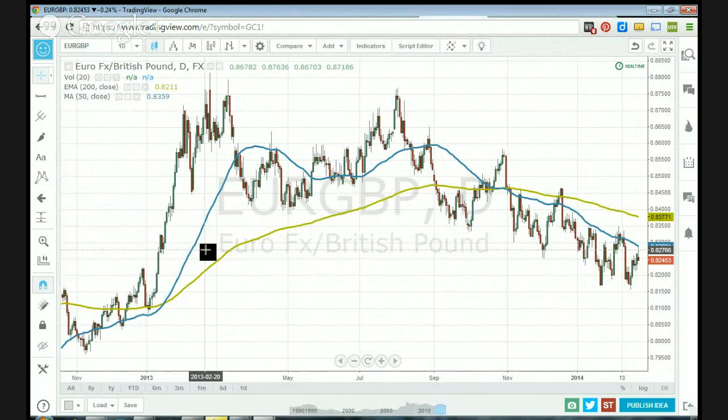Let's see where I had that order. I got stopped out at... I was pulling up my trading account. It's not on the screen now. I'm looking at another computer. Stopped out at 82.85.